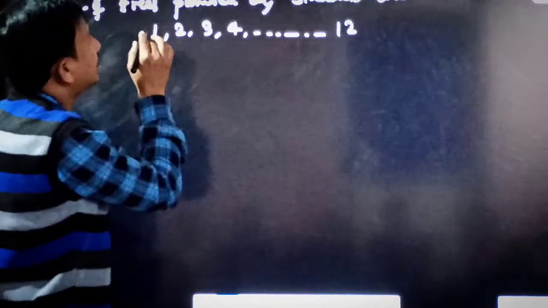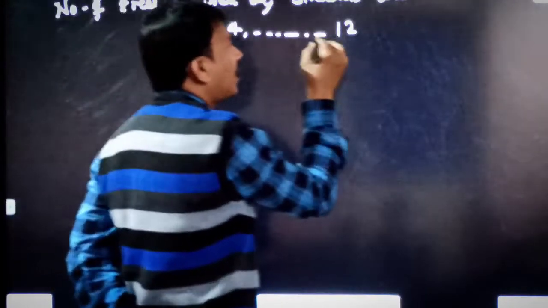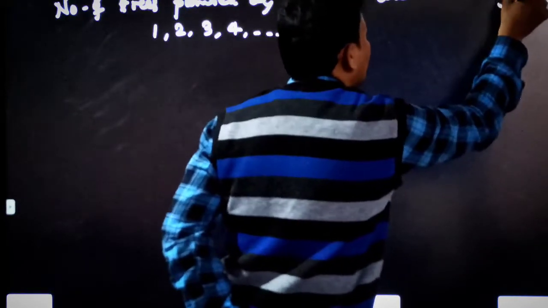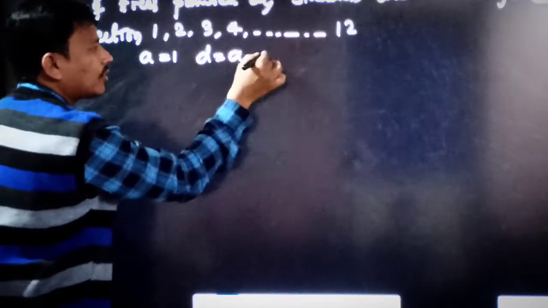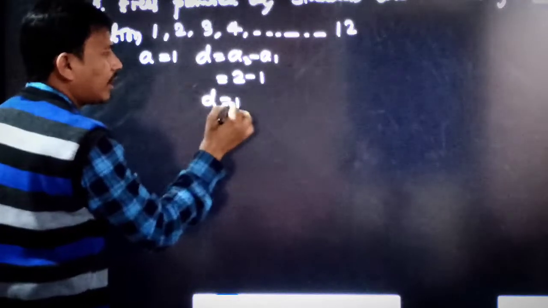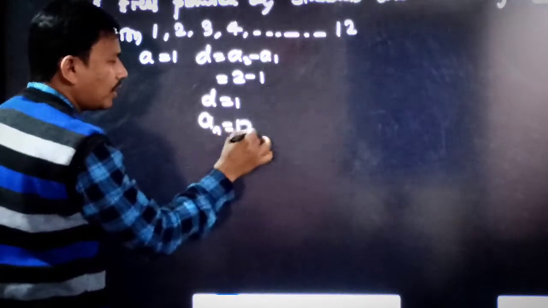Then the number of trees planted by students are in AP. That means for each section, here a is equal to 1, d is equal to a2 minus a1, 2 minus 1, d is equal to 1.